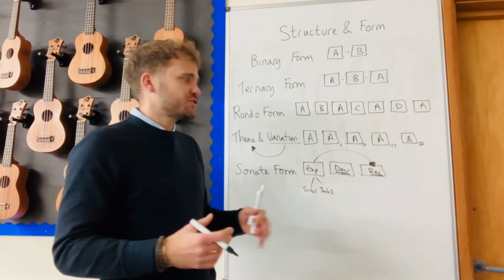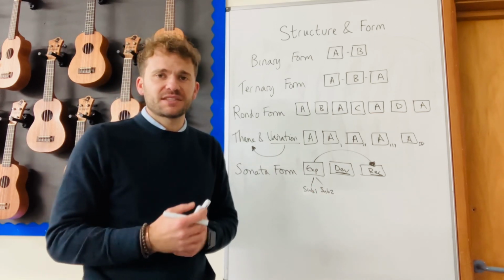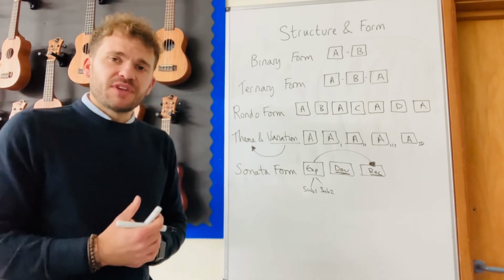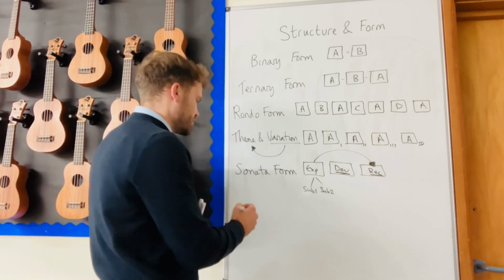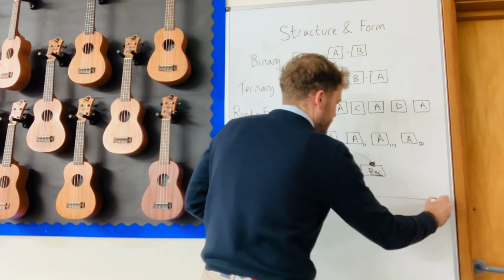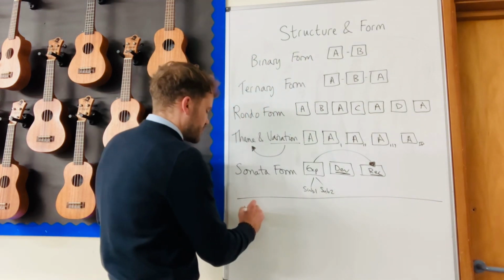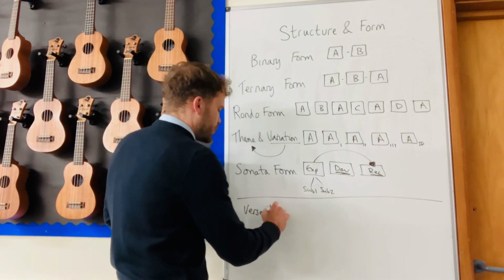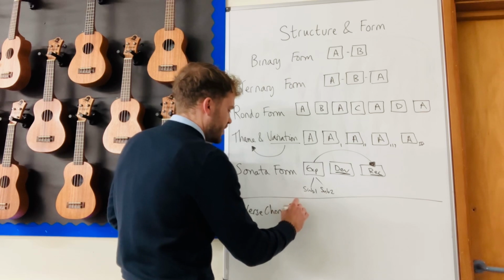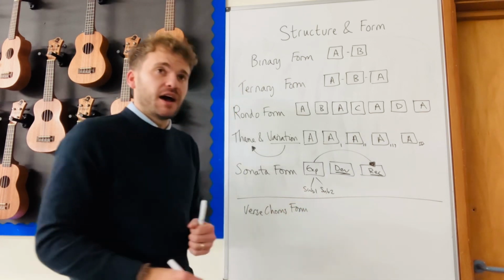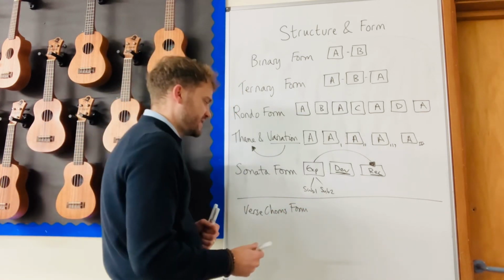So they are the main structures that we'd be looking at for our Western classical tradition. However, we've then got some pop song structures as well. So very quickly on those ones, the common ones to look out for are verse-chorus form, where we have repeated ideas, repeated sections.